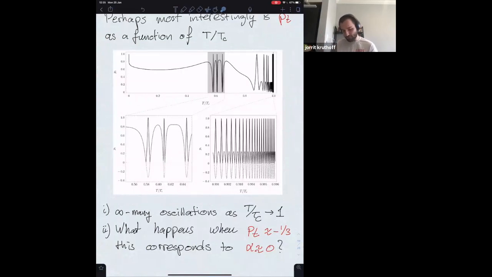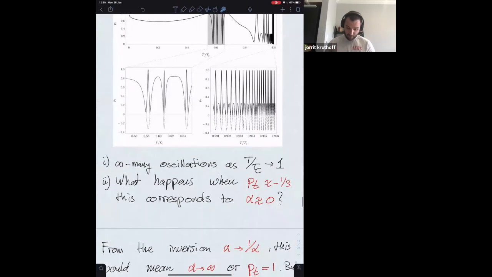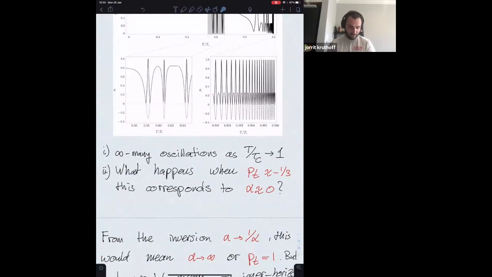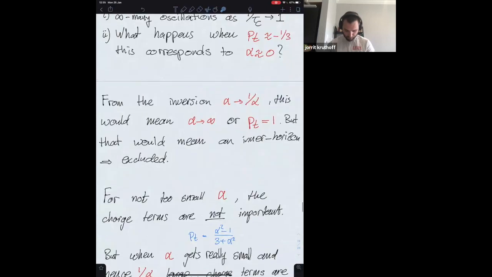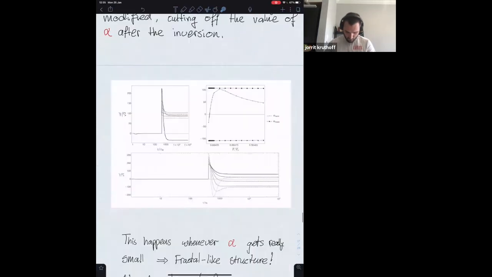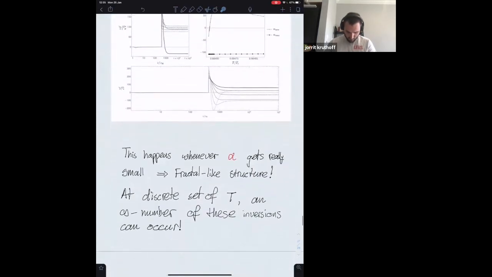And so that's the advertised fractal behavior that I was mentioning before. So I think that's a pretty cool feature of the black hole interior that we didn't anticipate, and I think is very, very, very interesting.